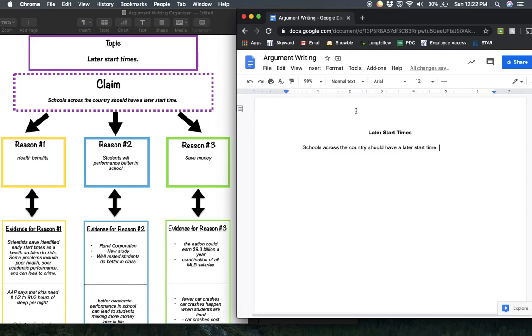So, I'm going to start by saying, first, if schools start later, it will improve students' health. Right there, number 1, health benefits. I just basically took that first reason and put it into a sentence. Now I'm going into my evidence.